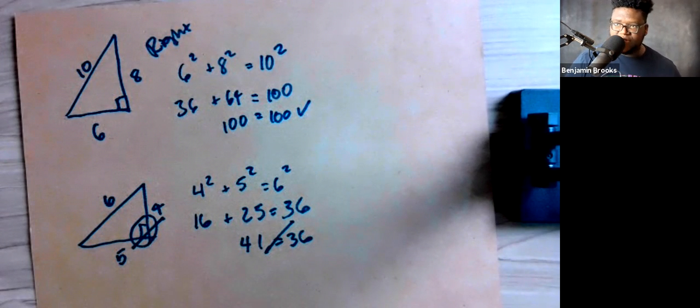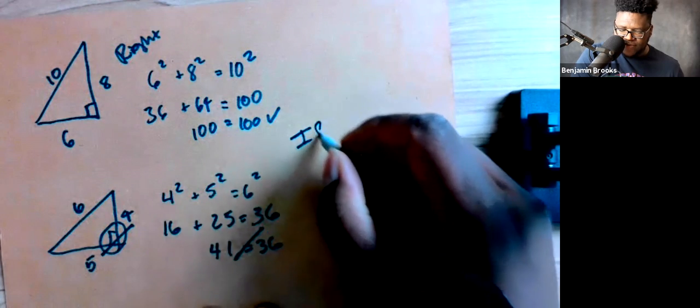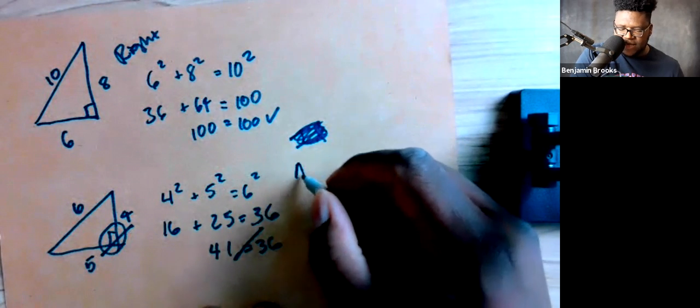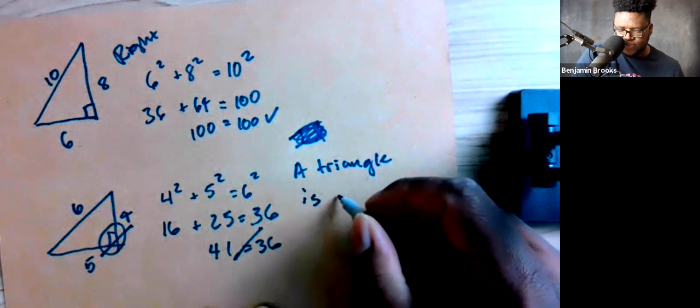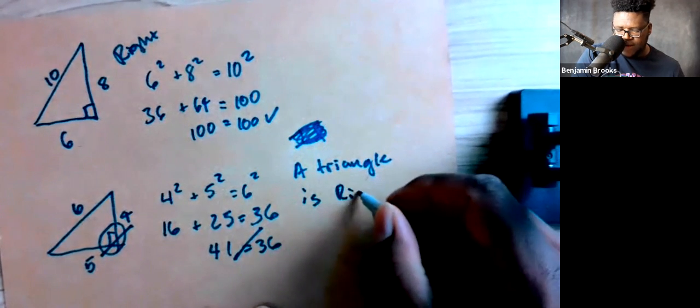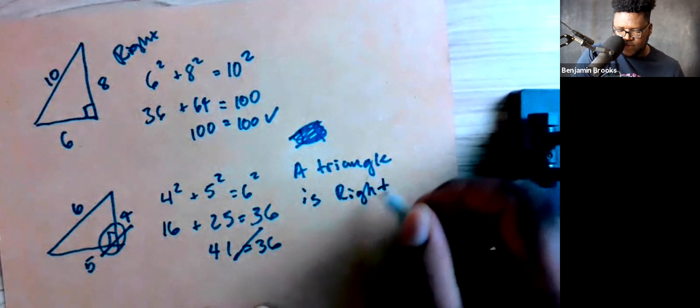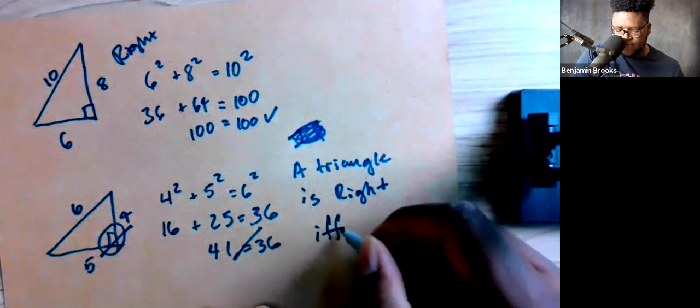A squared plus B squared equals C squared. And yes, that is the rule. So the rule is, or rather we can say it like this. Pythagorean theorem you could state is a triangle is right if and only if, right?